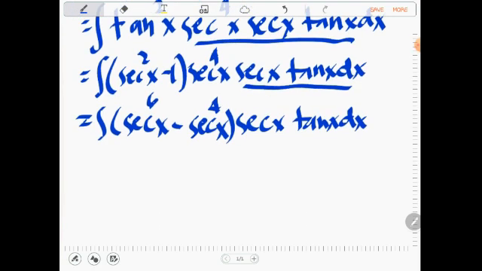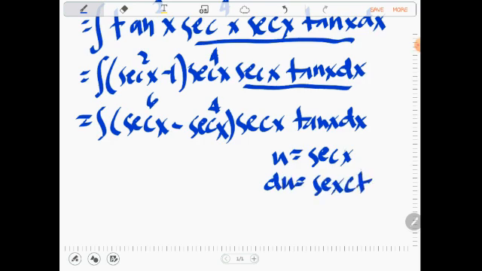So again, yung ating u for that is equal to secant of x and yung ating du is equal to secant of x tangent of x. Okay? So ito ay pwede na natin integrate.